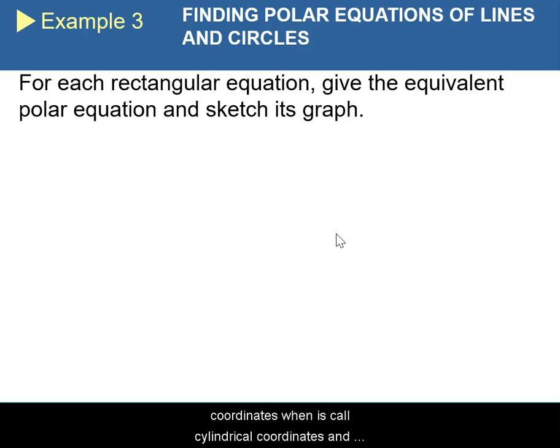One is called cylindrical coordinates, and that's very good for drawing circles as well, and spheres and things like that. We won't talk about that until Calculus 3, however. Anything that has a circle to it is easy to draw in polar coordinates. So that's when we would transfer over to polar coordinates, okay?